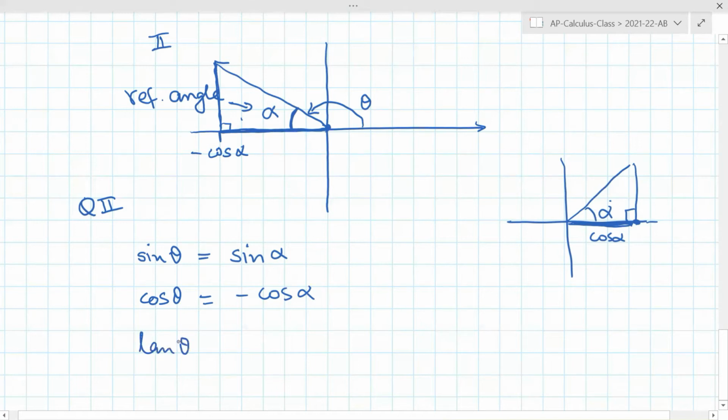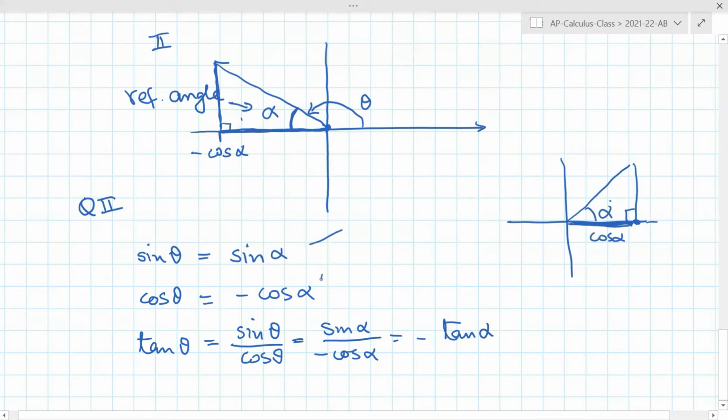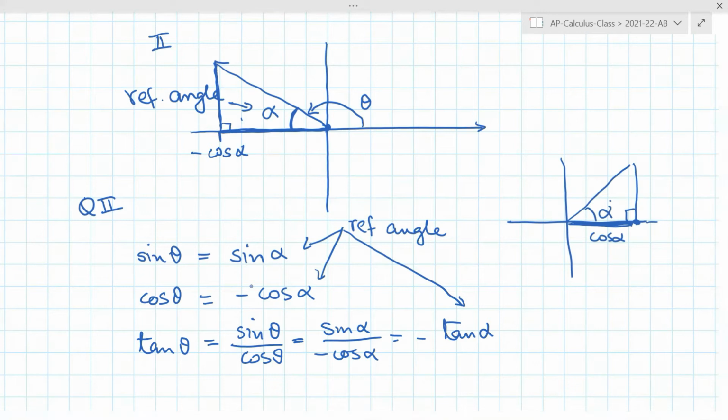And tan theta is sine theta over cosine theta, which is negative tan alpha, because sine alpha over cosine alpha is tan alpha. So here you see how for any given angle theta, we found its ratios using the ratios of the reference angle. We first have to find the reference angle correctly, and then we are able to find it.